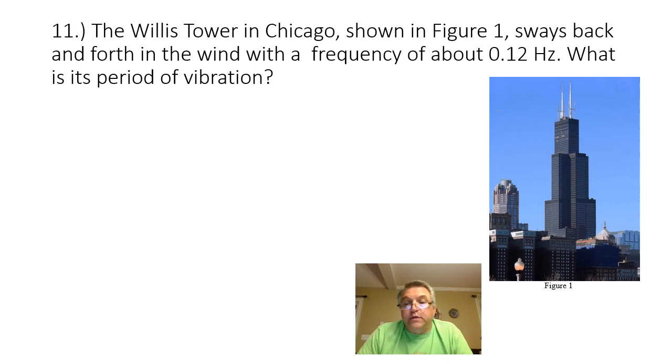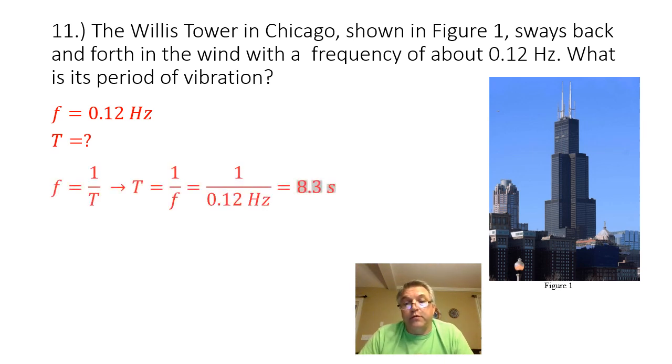So the frequency of the vibrations is 0.12 hertz, and we are being asked to find the period. So I know that the period is simply the reciprocal of the frequency. Remember, period and frequency are reciprocals of one another. So if I have the frequency and I want to find the period, I just take 1 and divide it by the frequency.